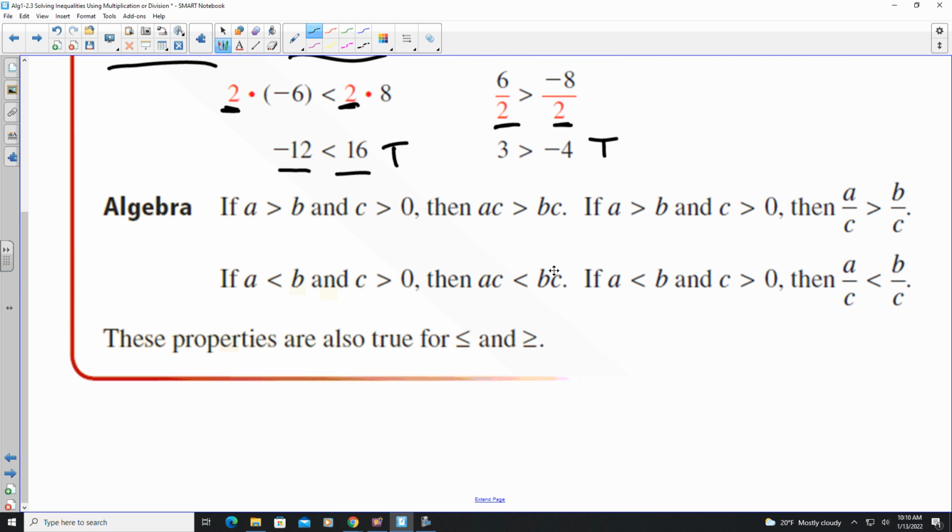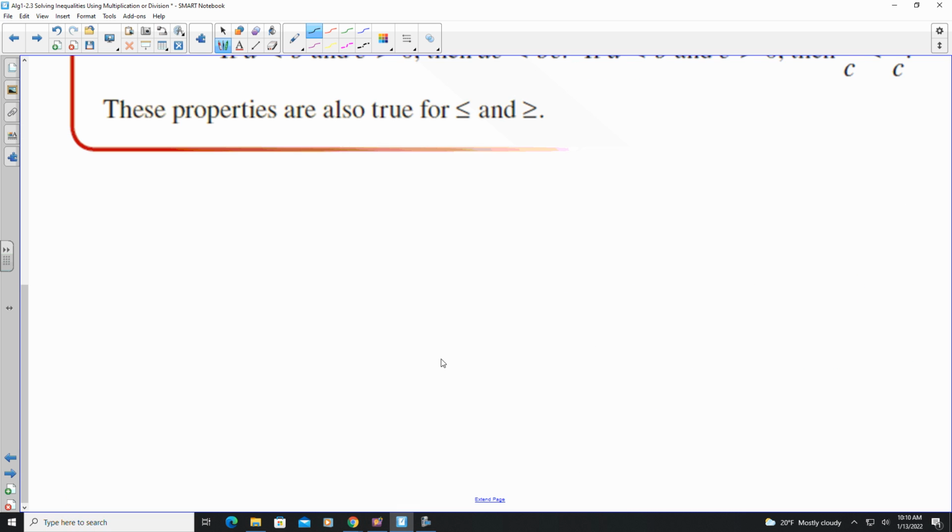But let's look at it another way. Let's say I multiplied or divided it by a negative number. So keeping that same value, let's say -6 is less than 8. But what if I multiplied both sides by a negative number? So let's say I go -1, and let's say I go -1 here as well. -1 times -6 is +6, and -1 times 8 is -8.